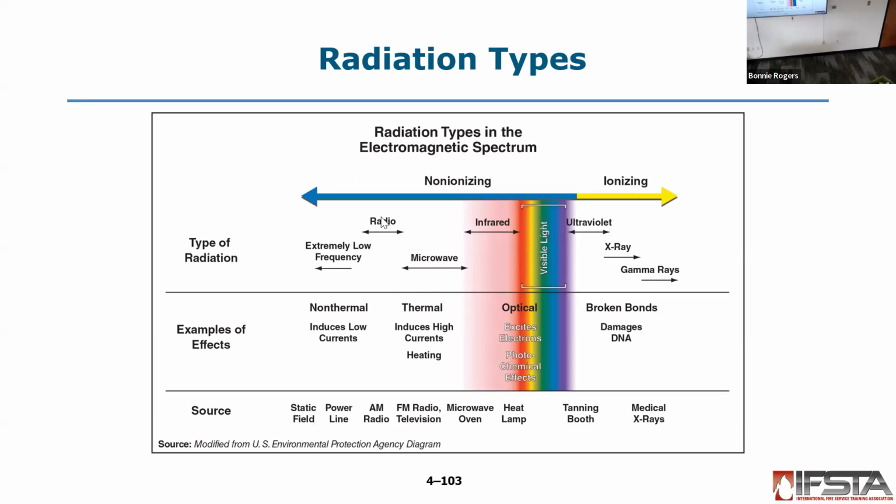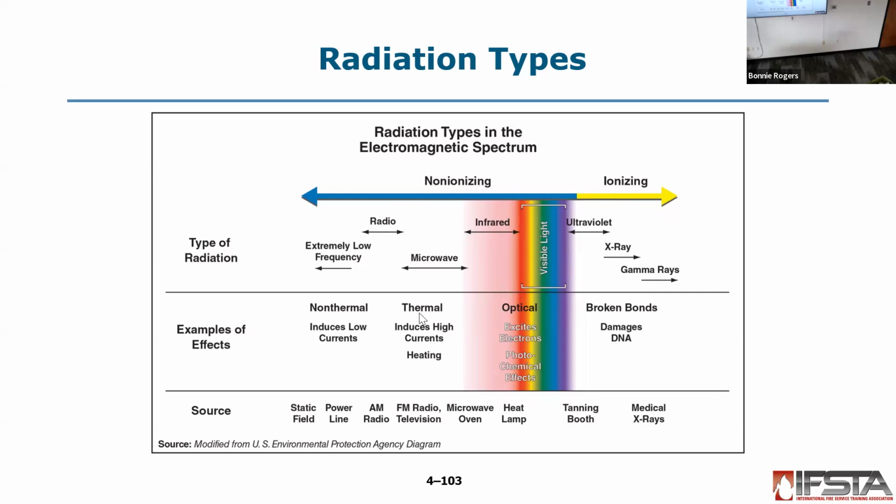On the non-ionizing side you have infrared, microwave, and radio, and then ionizing has X-rays, ultraviolet, and gamma rays.